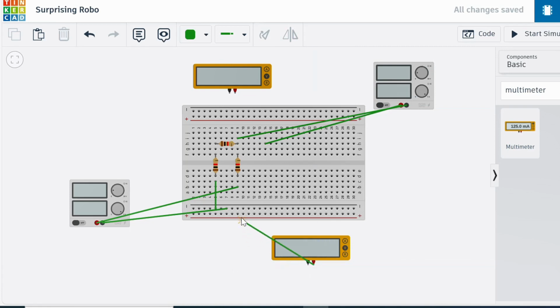I will use one of them to measure the voltage across the battery, and the other multimeter to measure the voltage across the other battery.